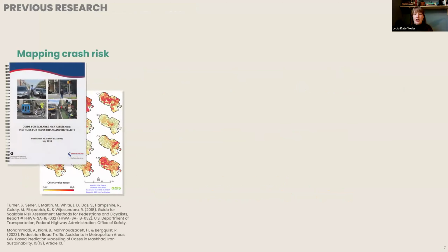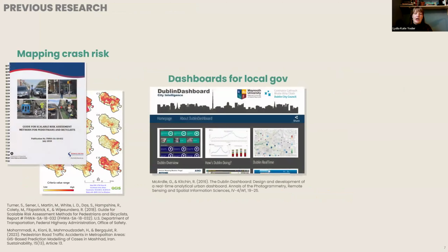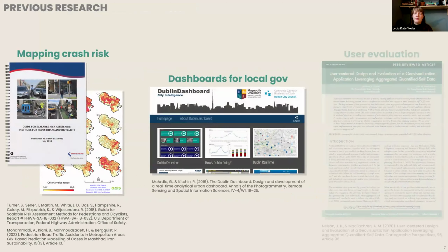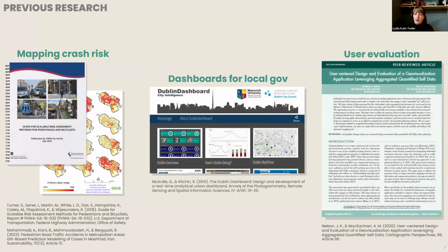This approach was grounded in previous research from three overarching topics: mapping crash risk, the use of dashboards in local government, and user evaluation. There are many studies on modeling crash patterns. A guide from the US Department of Transportation synthesizing that research was particularly instructive.